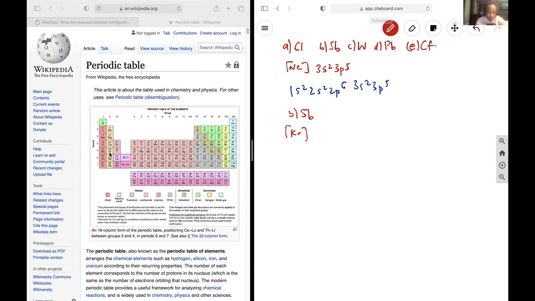So we're going to have 5s2, 4d10, and then 5p3. If you want to write out the full thing from the top, then again, you just count.